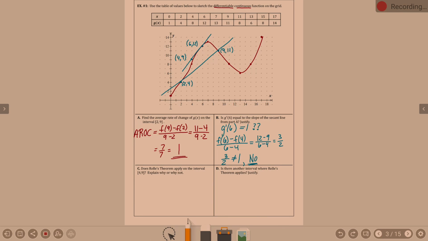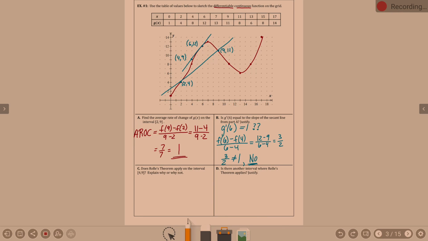You ready for C? Does Rolle's theorem apply on the interval 4 to 9? I would know. They have the same Y value.